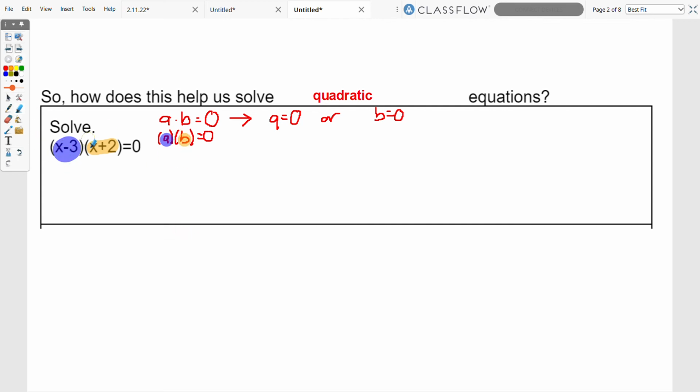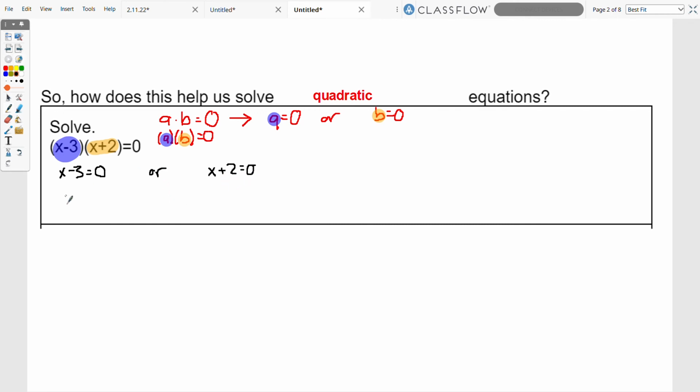Since these two things are multiplying together and equaling 0, the very next step is to take the first one, the A, x minus 3, and set that equal to 0, and then set the second one, the B, x plus 2, equal to 0.